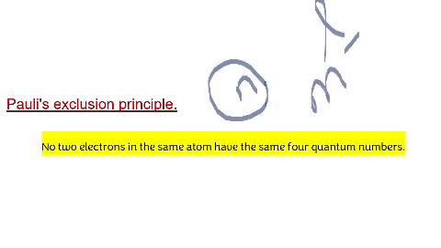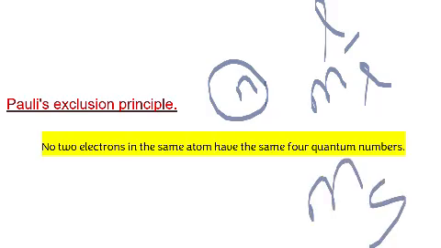ML is called the magnetic quantum number, and MS is called the spin quantum number. So we have the principal quantum number, the subsidiary quantum number, ML the magnetic quantum number, and MS the spin quantum number.